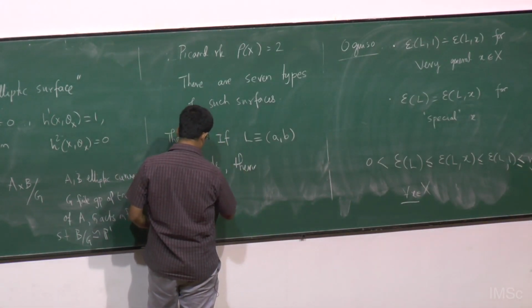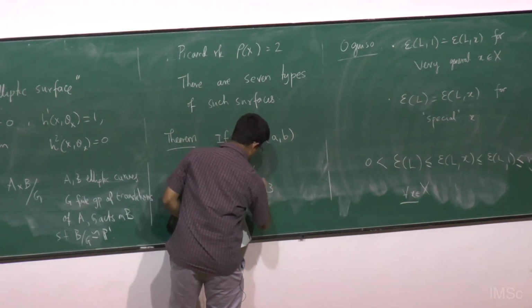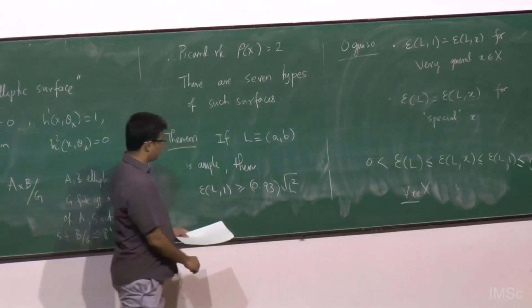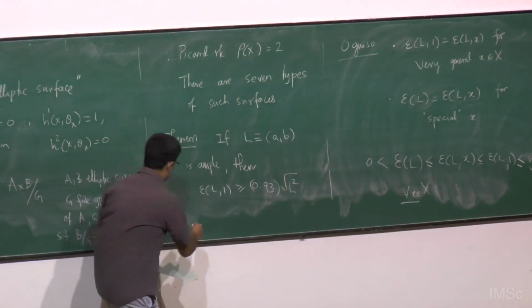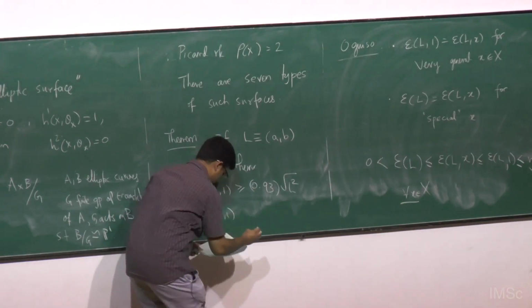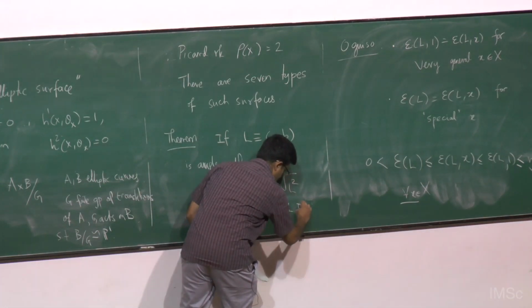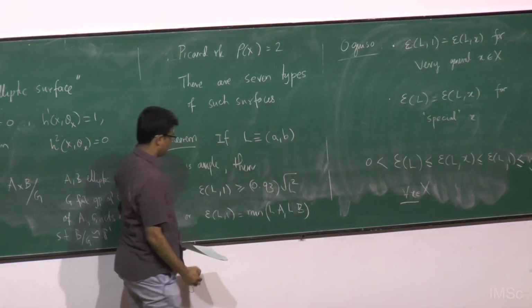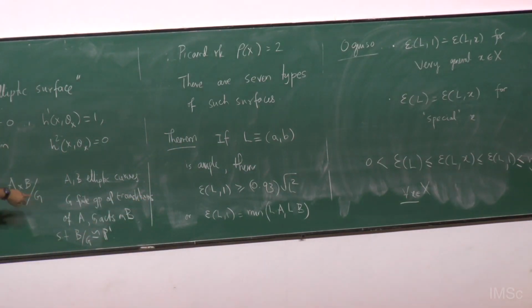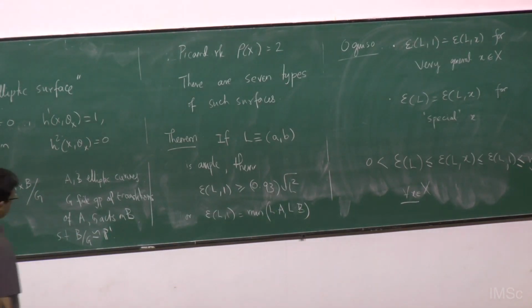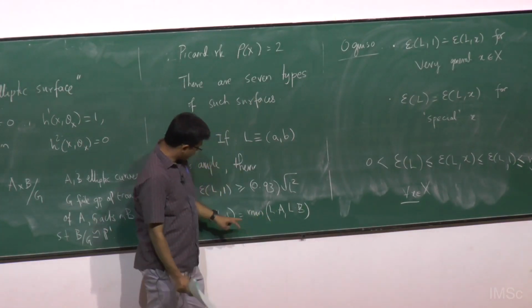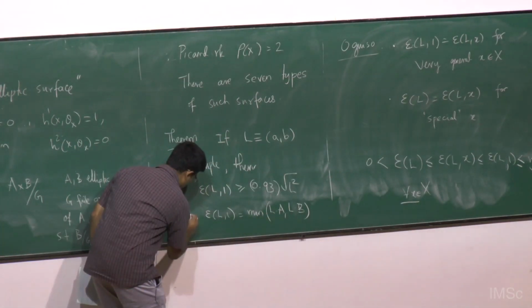then what we show is that epsilon(L,1) is greater than or equal to 0.93 times the square root of L squared, or epsilon(L,1) is the minimum of something. Let me say that A and B, which are the underlying elliptic curves, are actually fibers of the two projections. So there are curves on X which are isomorphic to A and B, and one can look at L dot A and L dot B. This will not make a lot of sense.